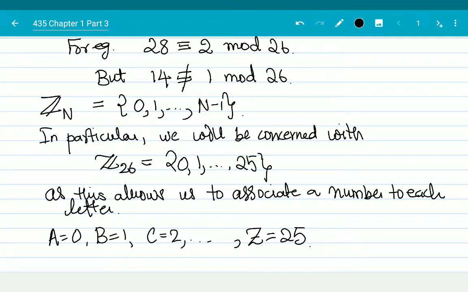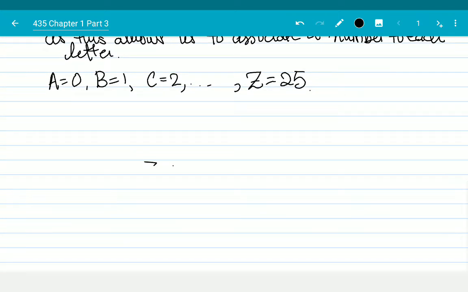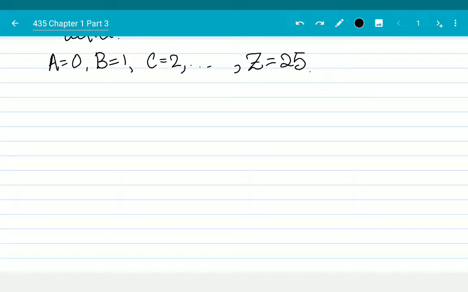Now this way we saw how to create the shift cipher, which was exactly moving everything by one fixed amount. But we want to know how you can use it to create a more general cipher.